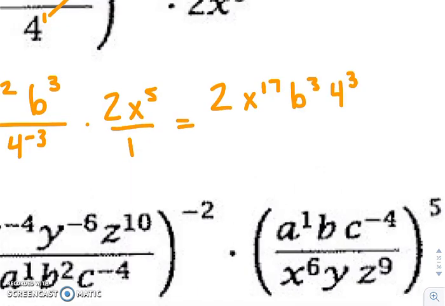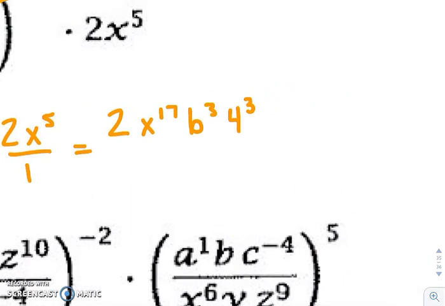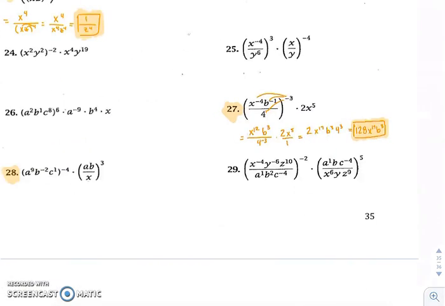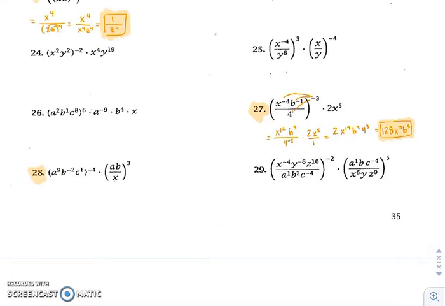And then just multiply everything. So 4 to the 3rd is 64, and 64 times 2 is 128. x to the 17th, b cubed. Some of you may be able to look at it and do the steps in your head, but I like to write out each step as we're doing it.